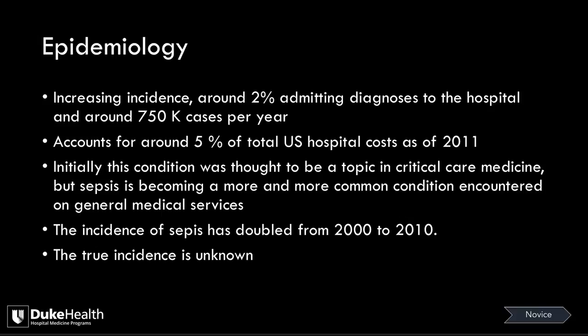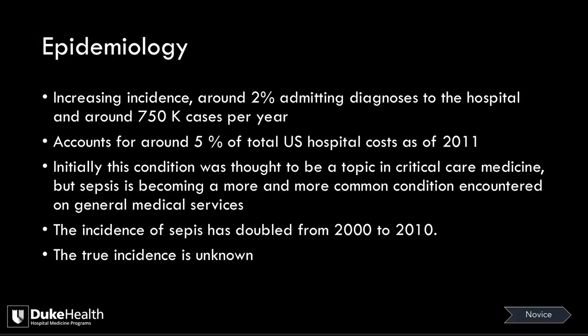Initially, this was something that we saw mostly in our ICUs, and in all honesty, most of the literature supports management with ICU monitoring and variables. But it is becoming a more common condition encountered in our general medical services. So being fluent in the treatment and management is important to hospital medicine.